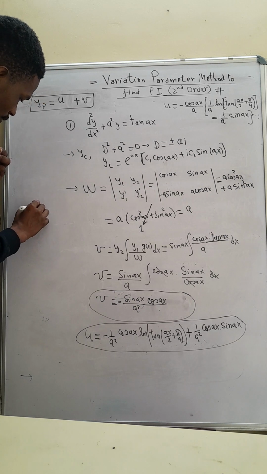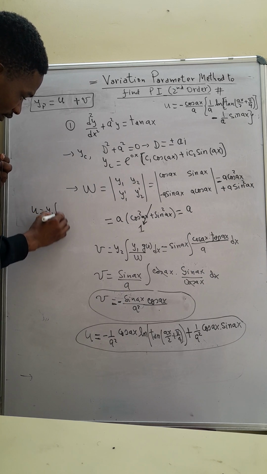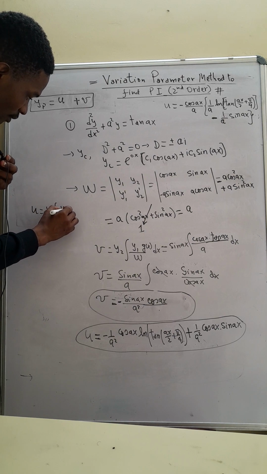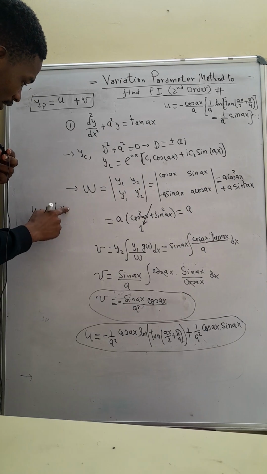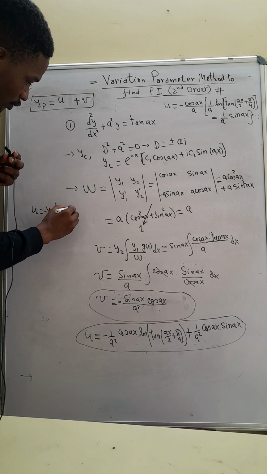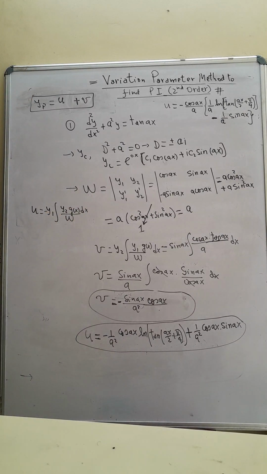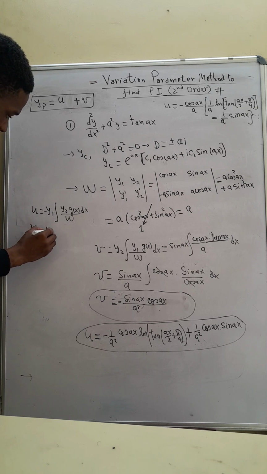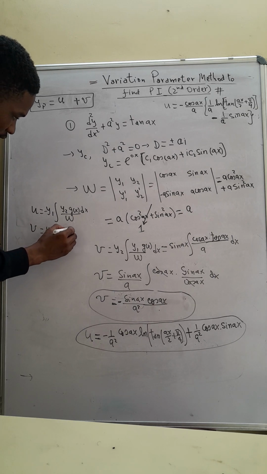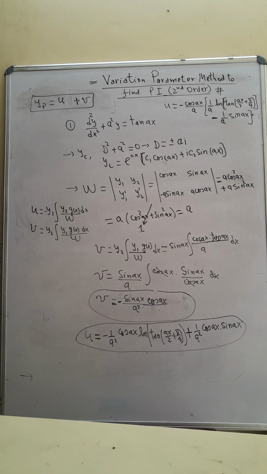I consider u as y2 negative integration of y1, y1 negative integration of y2, and here g of x dx upon the Wronskian. And I considered v equal to y2 integration y1 g of x dx upon the Wronskian.